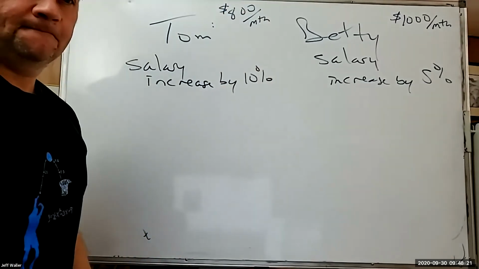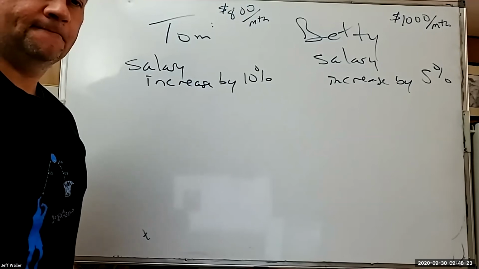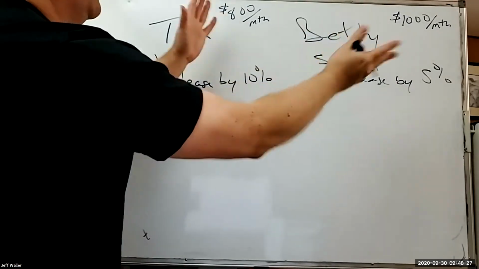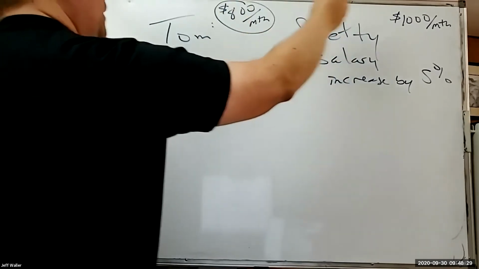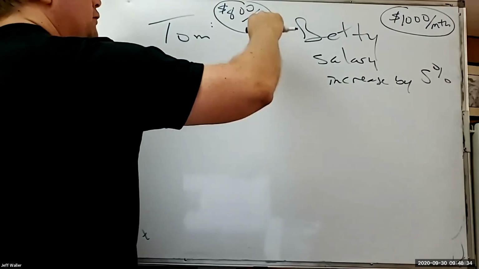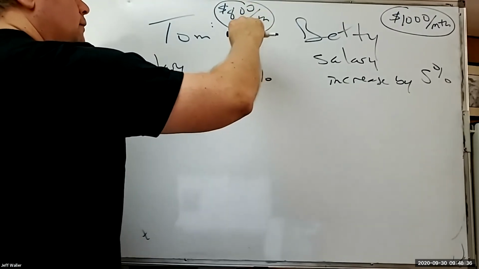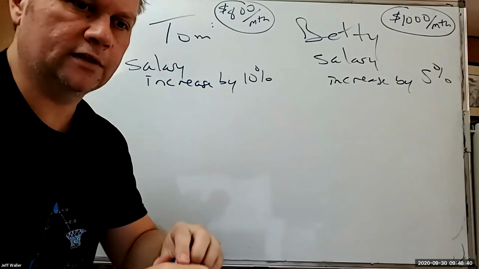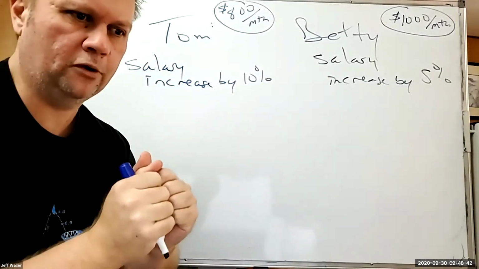Does Tom catch up to Betty now? Well, now I can calculate it because I have an amount that it's based on. So the percentage change is relative to where it started, right? That's the point. I love that a few of you said he didn't give us enough information. That was the point.